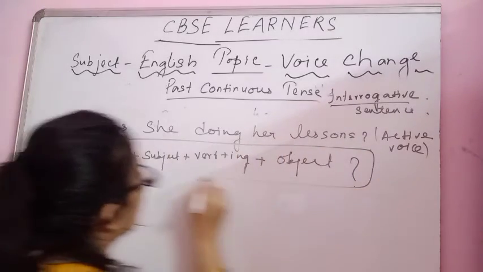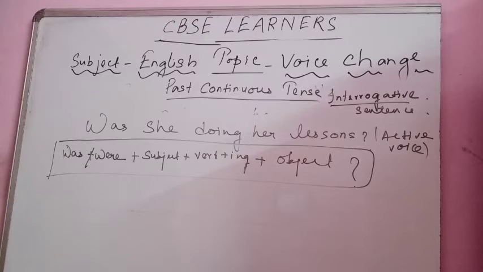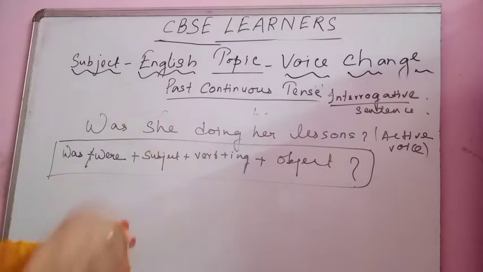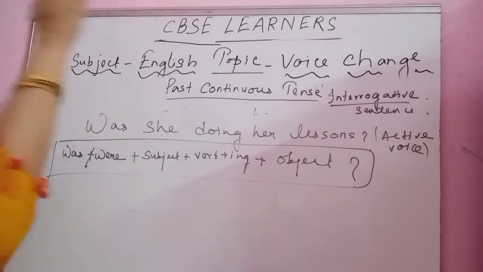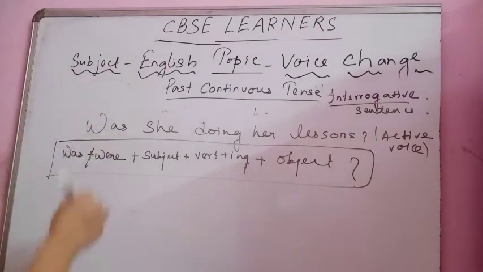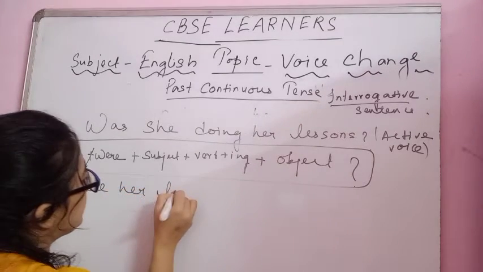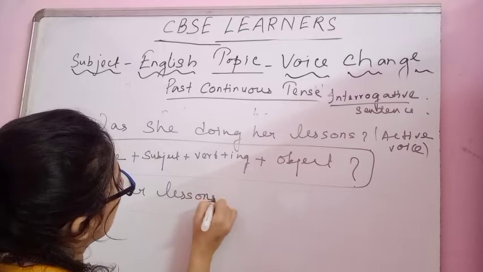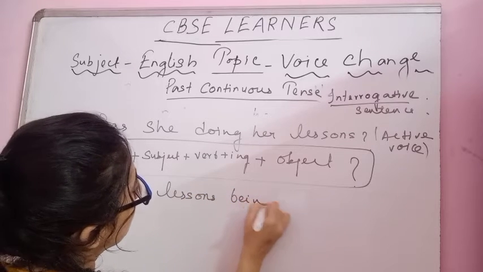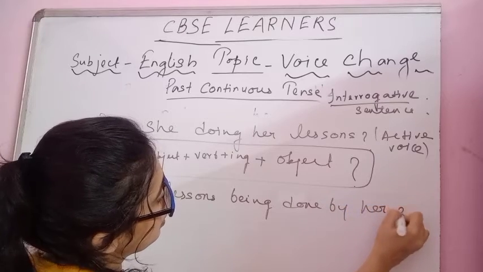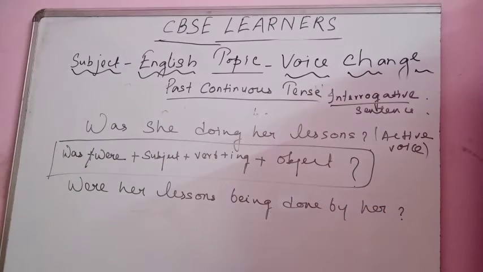This is the formula. Now if we want to convert it, we'll be giving focus on the object. So here the object is her lessons. Her lessons is in plural number, so we'll be using were. So, were her lessons being done by her? Was she doing her lessons, or were her lessons being done by her?